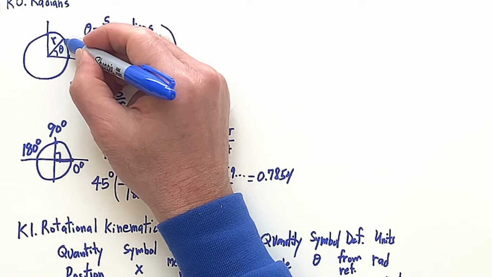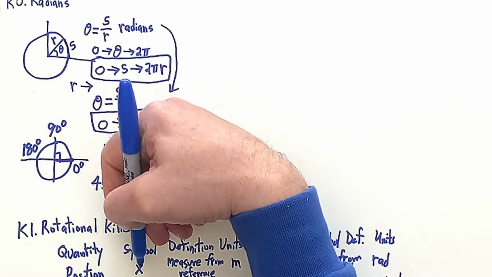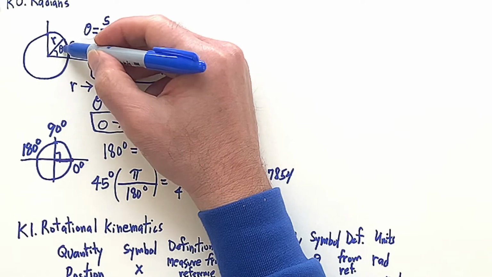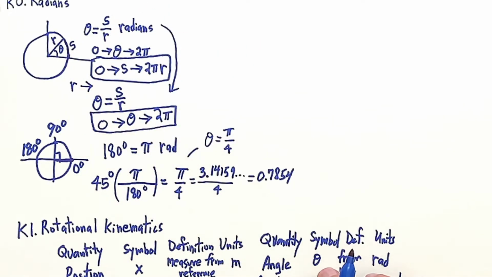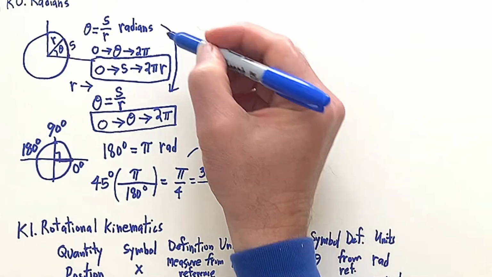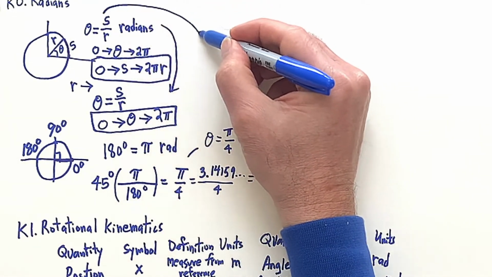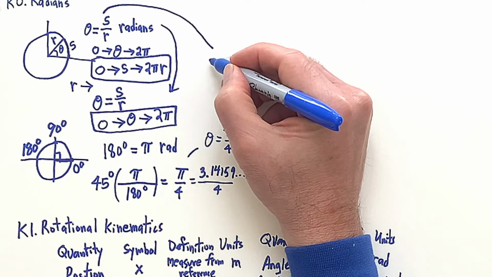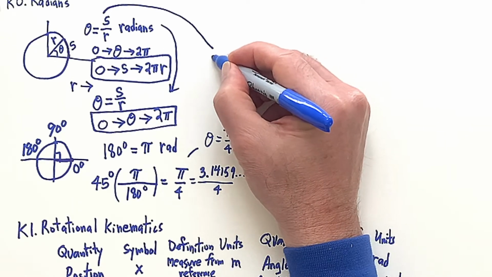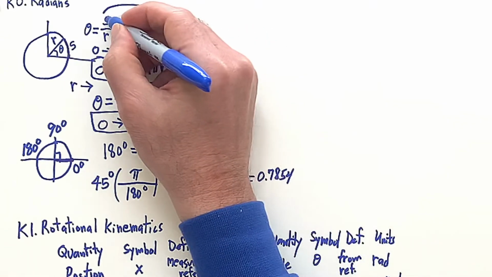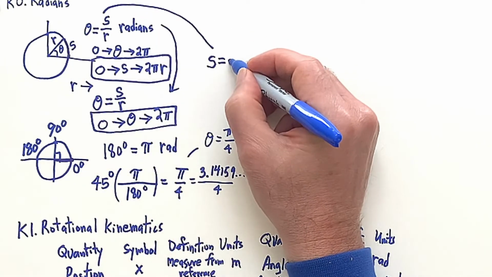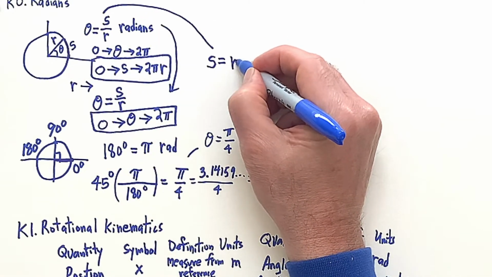S is a distance traveled, like the x, and then here the angle swept out, angle theta. So we will write down this expression that we started with in this previous section. We're going to write this down as S is equal to R times theta, bringing the R to the other side.